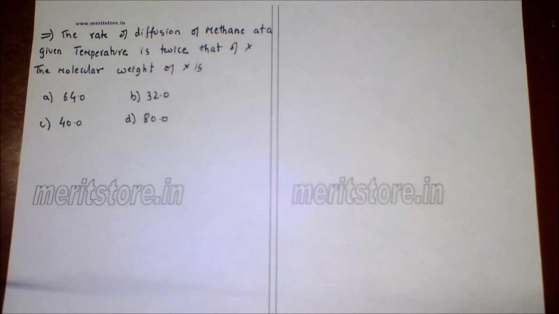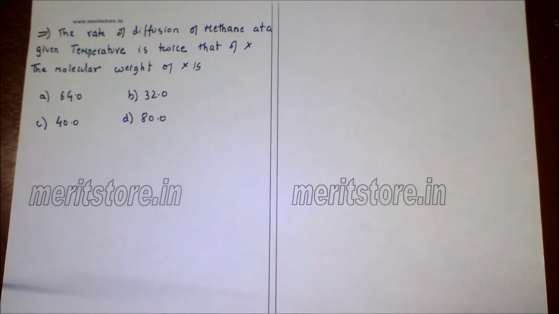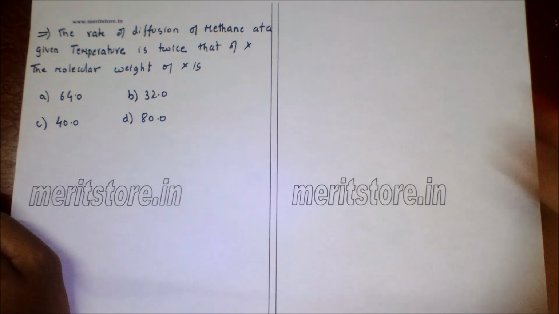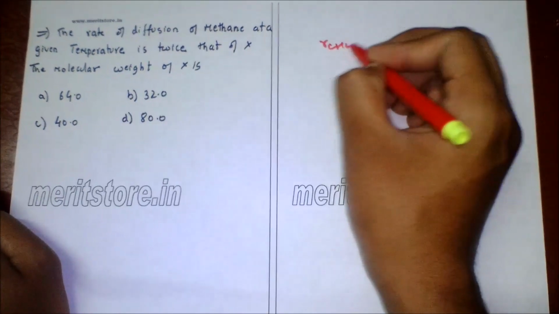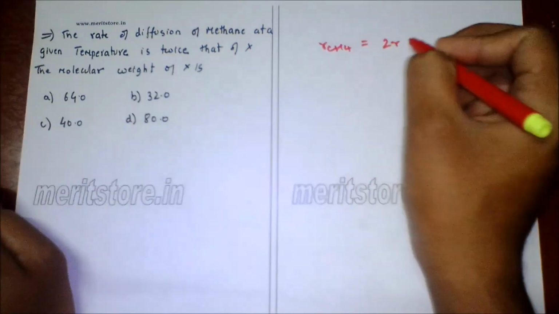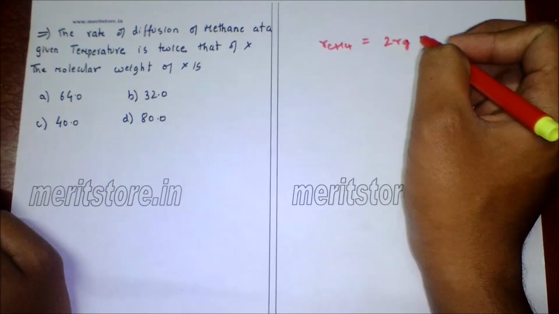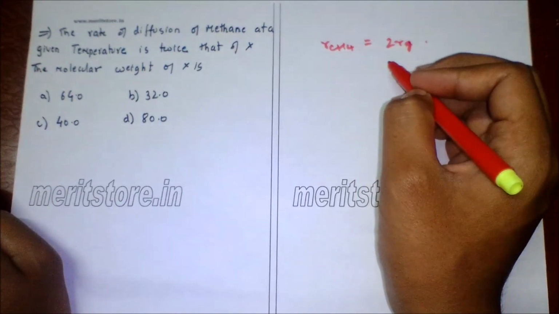The rate of diffusion of methane at a given temperature is twice that of gas X. The molecular weight of X is? So the rate of diffusion of methane, R_CH4, is equal to 2R of the gas.